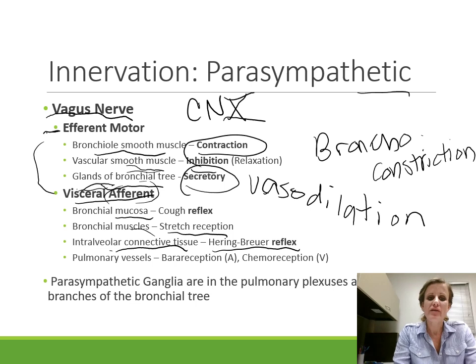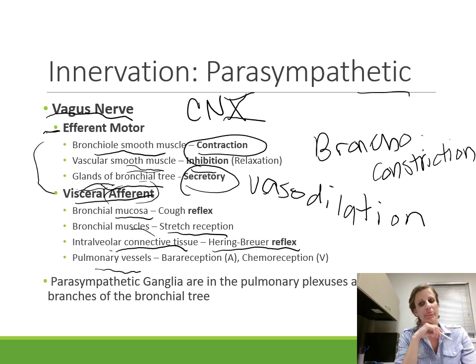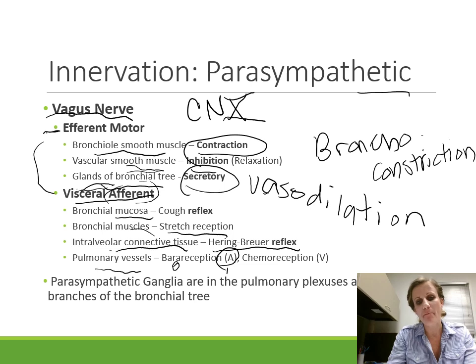We also have afferent fibers that carry signals from the pulmonary vessels. And there are multiple different types of receptors that are present in the pulmonary vessels. We have baroreceptors, B-A-R-O, located in the arteries. That A is for artery. We have baroreceptors in the arteries that monitor pressure.